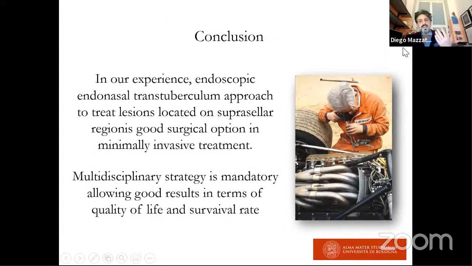In conclusion, the endoscopic endonasal transtuberculum approach is a good option. It's not a question of faith, it's only an option, and we can use it when the anatomical conditions respect the good indication.